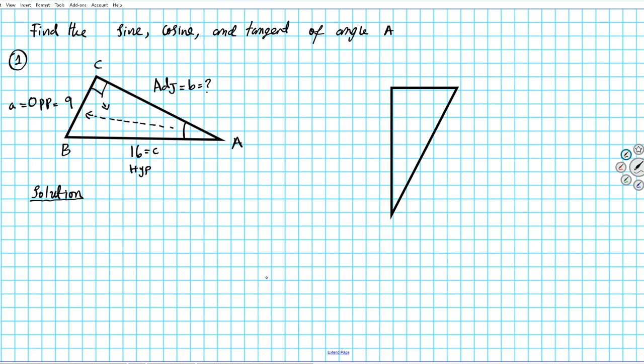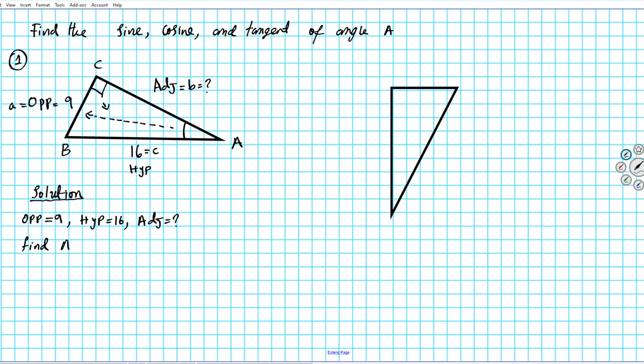Let's state what we have first. We have the opposite is 9, the hypotenuse is 16, and the adjacent is unknown. So the first task is to find the adjacent.